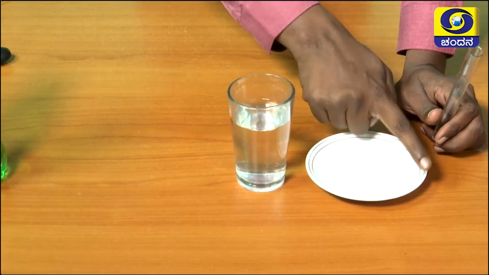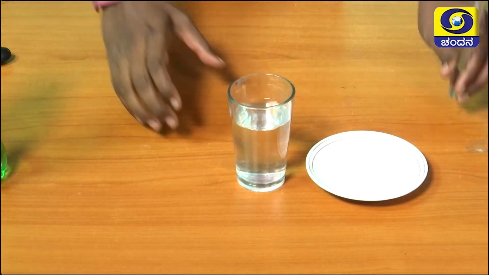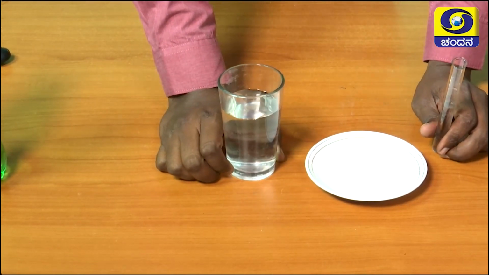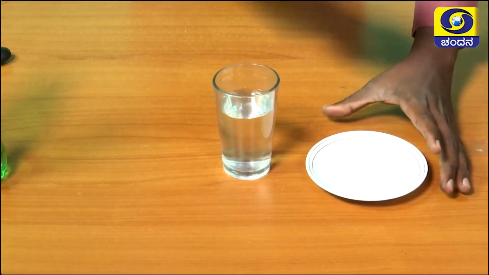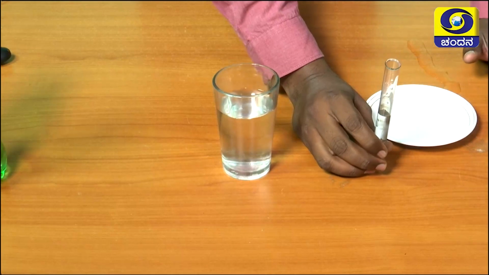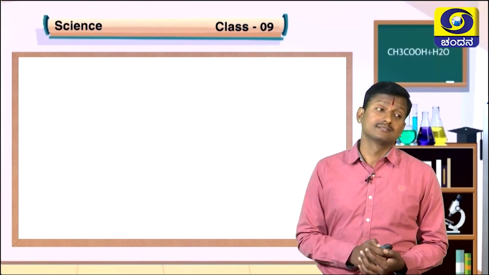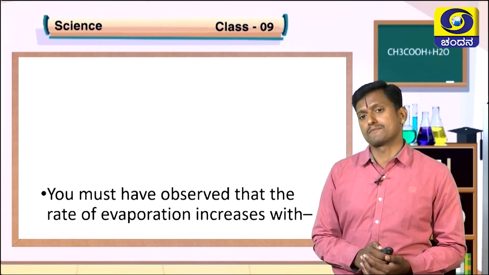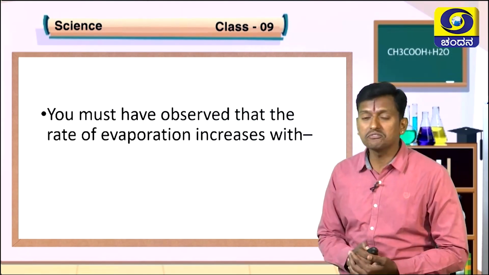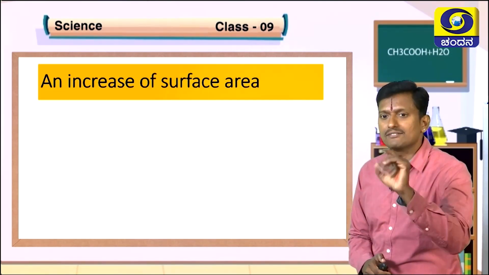So, by increasing surface area, the rate of evaporation increases. In the same way, by decreasing surface area, the rate of evaporation decreases. From the above activity, we observed that the rate of evaporation increases with an increase of surface area.